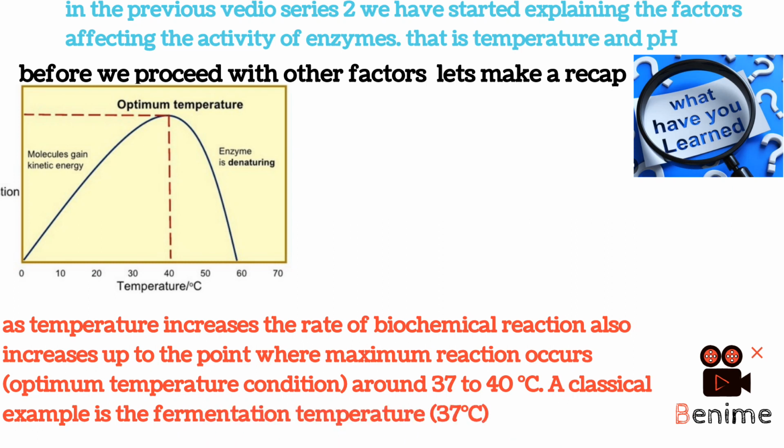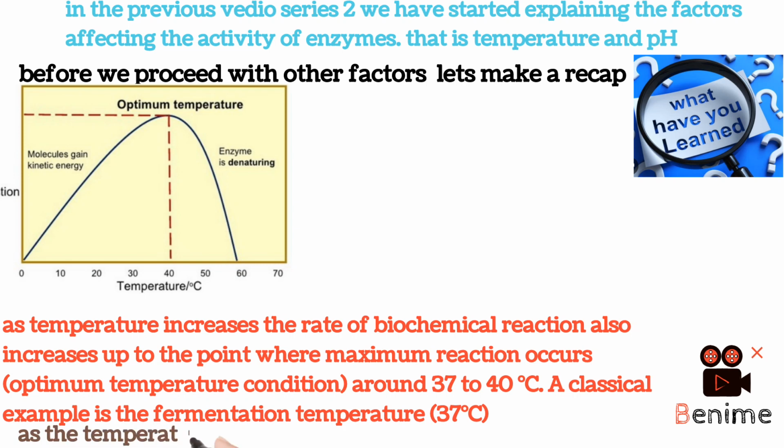We all know how important this temperature is during fermentation of foods. Examples: fermentation of dough to bread, fermentation of milk to yogurt. We all know how important it is for us to maintain the temperature range.